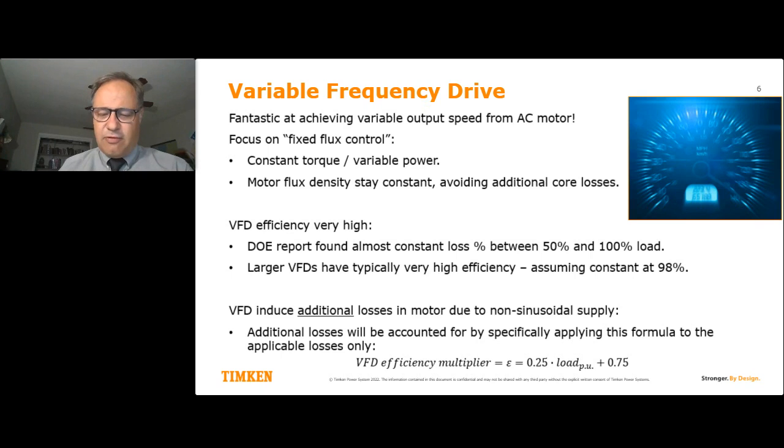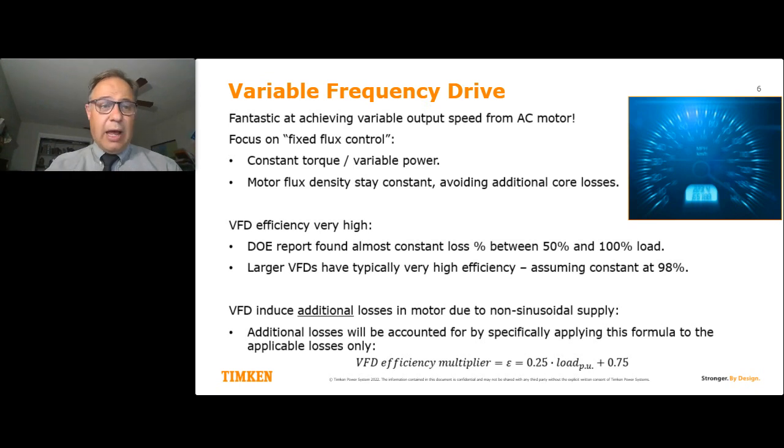As I dug further, I found that probably the reason this is not addressed by VFD suppliers is that it's extremely difficult to apply this specific formula to my motor, because this efficiency multiplier does not apply to all of the losses, and it doesn't apply to the entire power consumption of the machine. I need to estimate each part of the loss component and then look at how I can apply this formula. And that's what we're going to do.